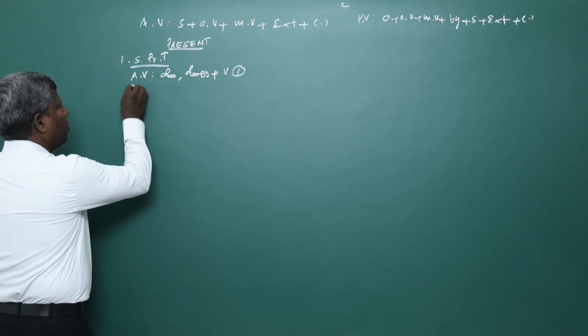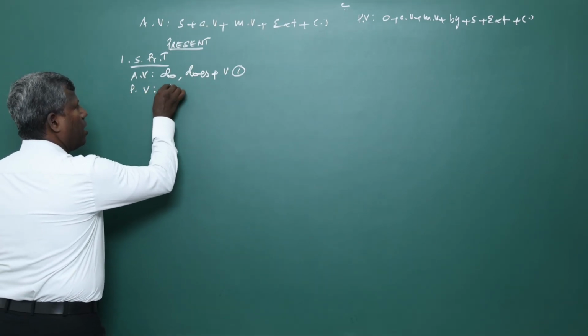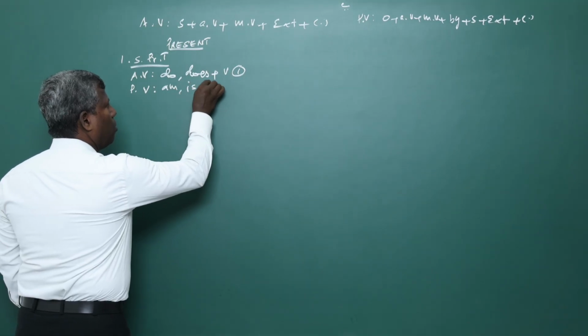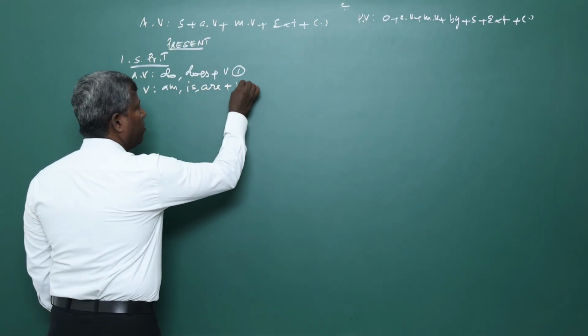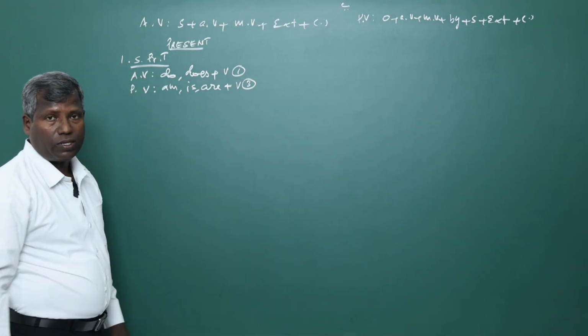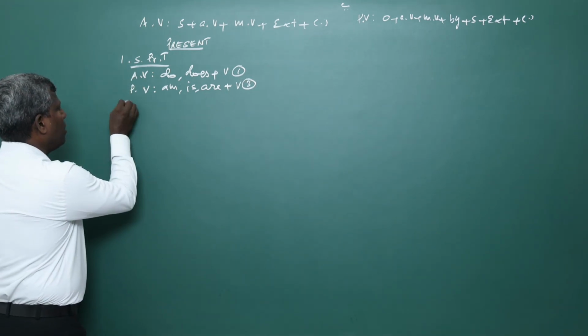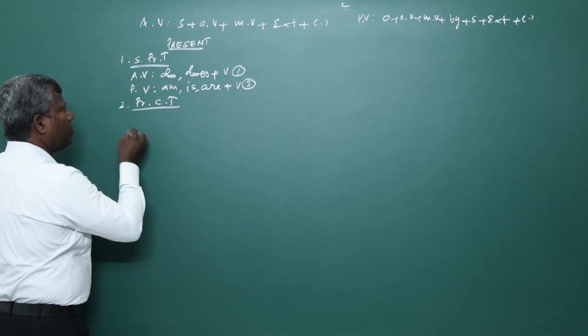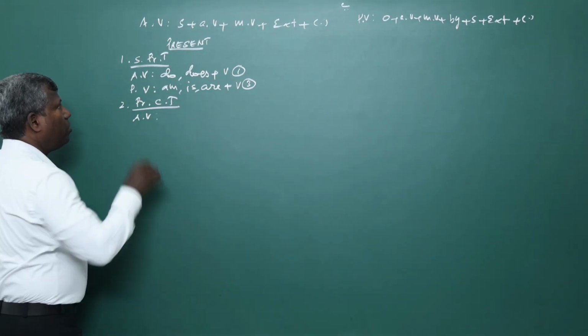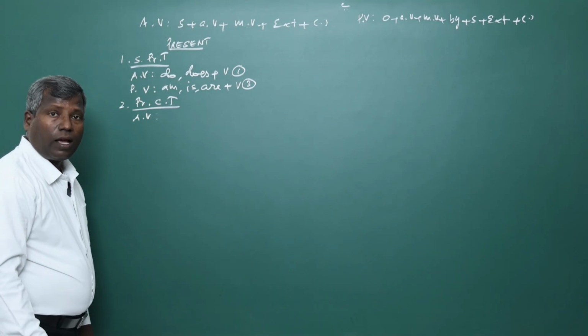Then what's the formula for passive voice? Am, is, are. Then which form of the main verb should we use? We have to use the third form of the verb for all passive voice. Never forget. Then let us go for the next tense. Present continuous tense. Then what is the auxiliary verb for active voice?